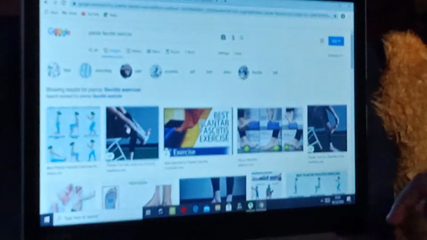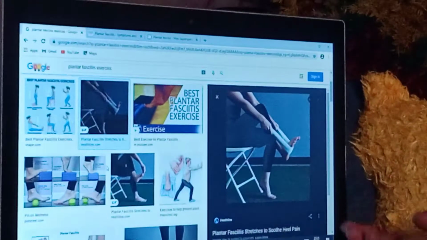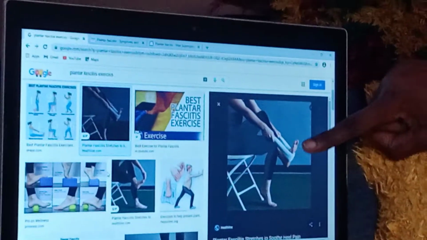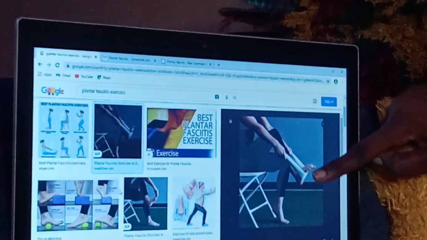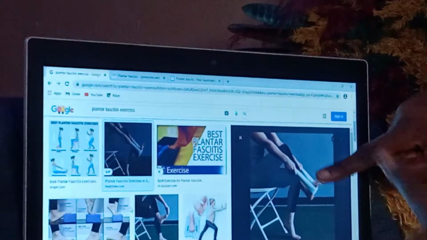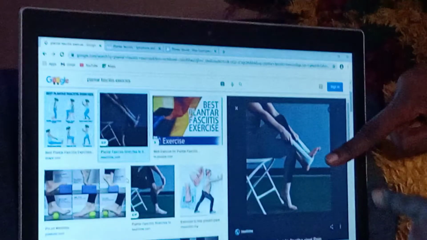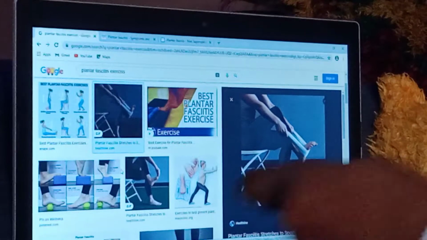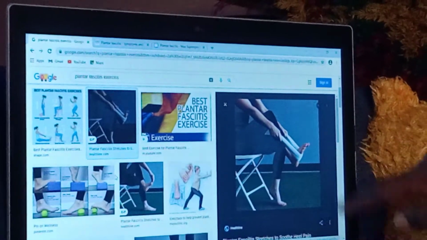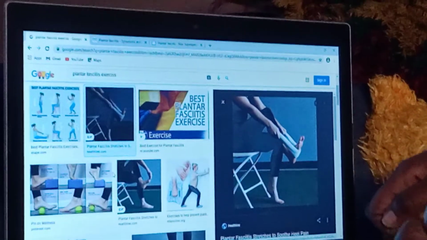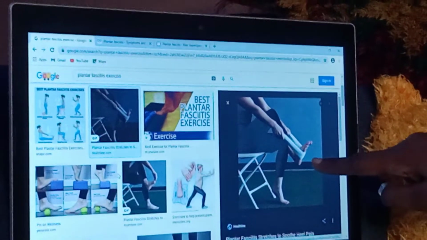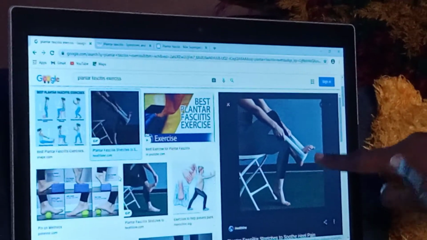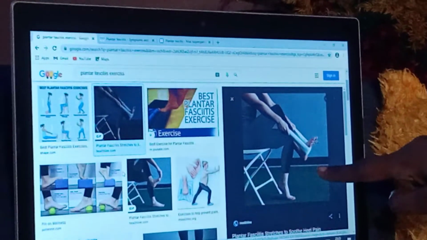Let's look at this. We have just simple exercises that you can do at home. You can see this. It's a towel which you use. You can make it cold or warm, so that now when you move your foot up, down, or even along like this, it will always provide a massage compression on the tendons or the fascia on the feet.